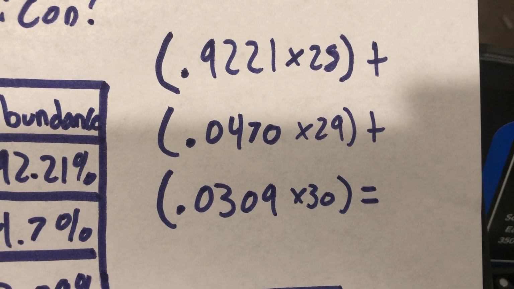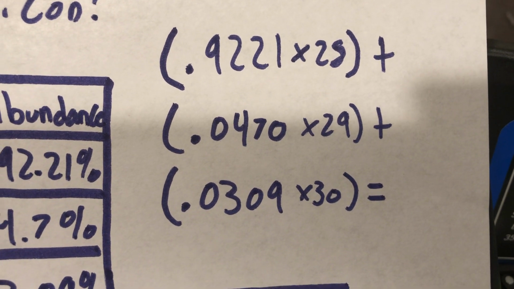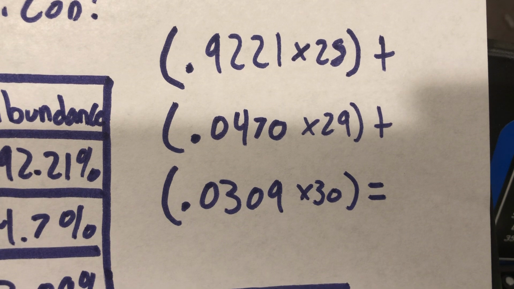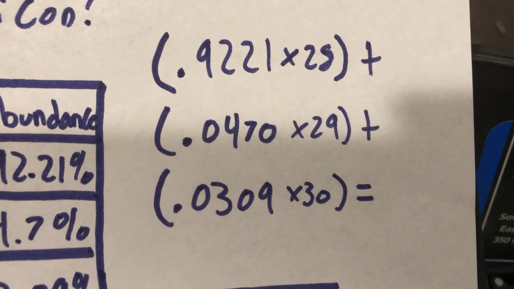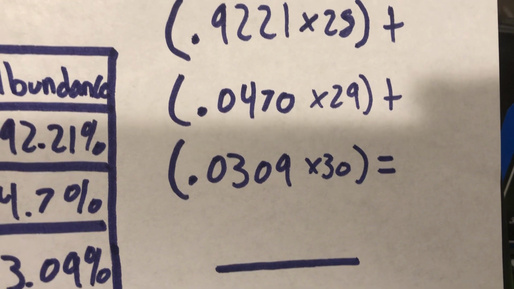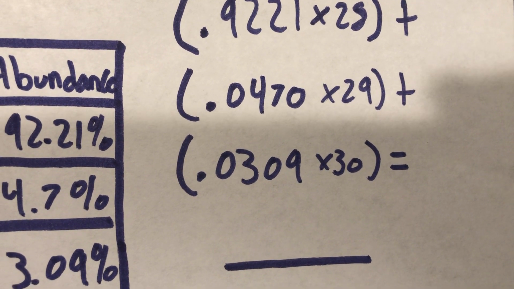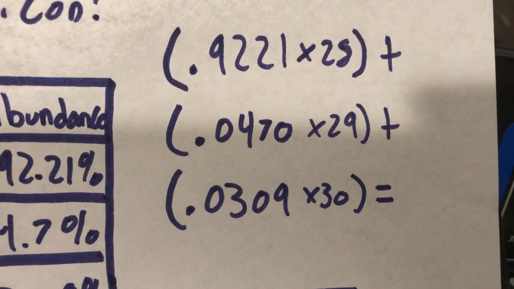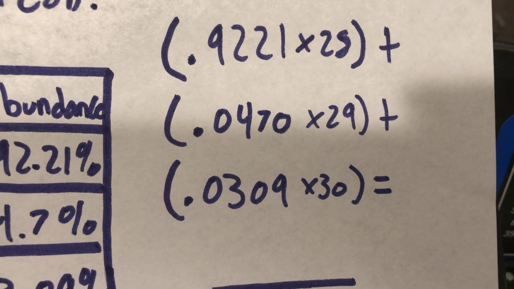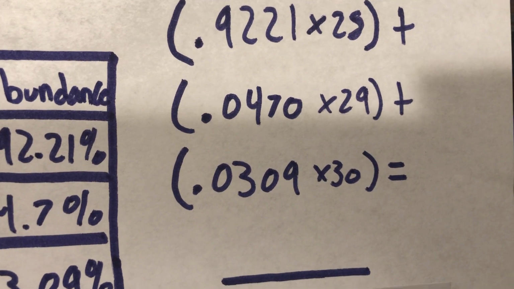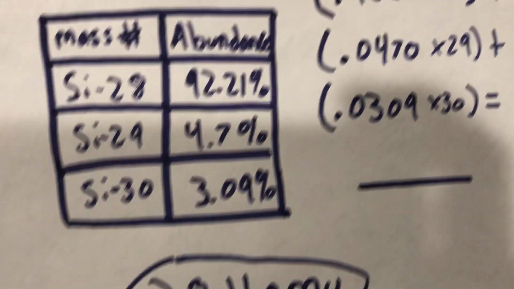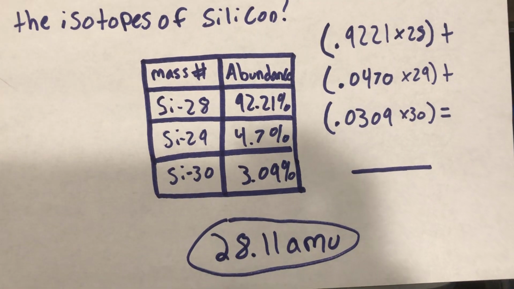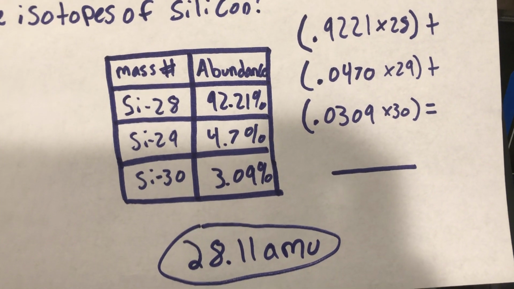Again, we move that decimal to the left 2 for the abundance. So that gives us 0.0470 times 29. Then we add on the last one, which has an abundance of 0.0309 times 30. As you do this, we calculate each one, add them together, and that is how we find our AMU, or the average mass. And when we do that, the average mass is 28.11 AMUs.